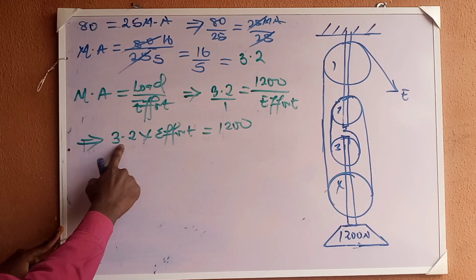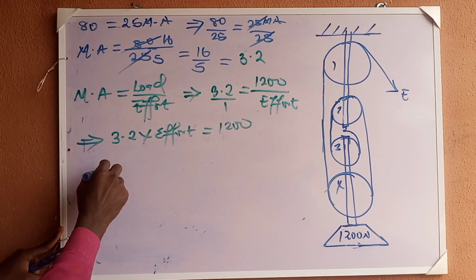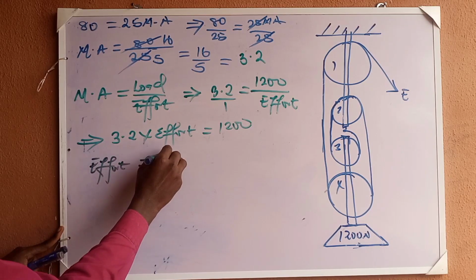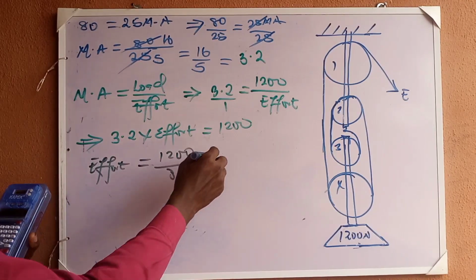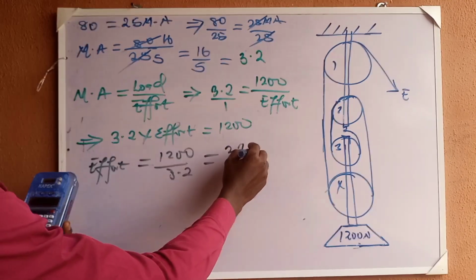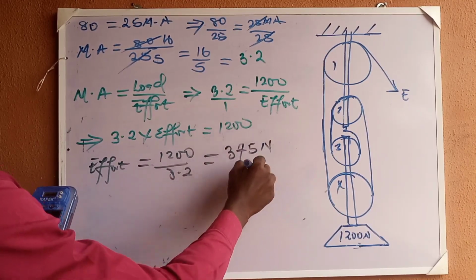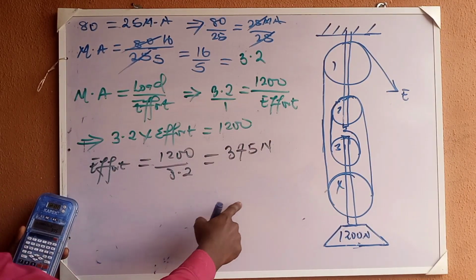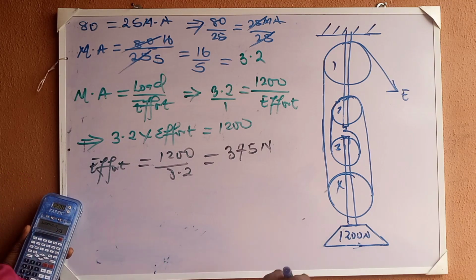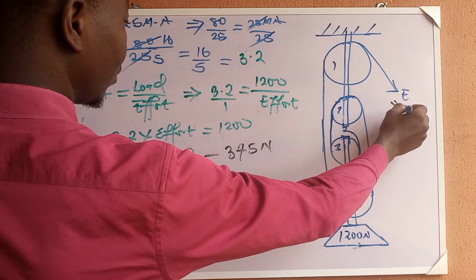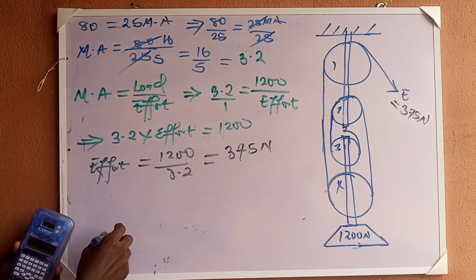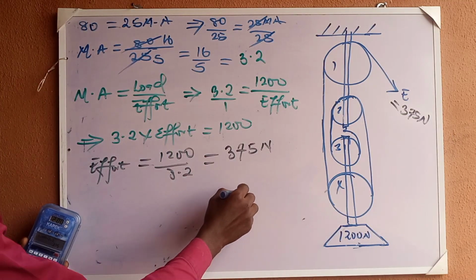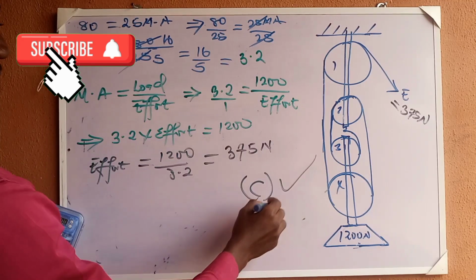So to get effort, I have to divide both sides by 3.2. That makes effort equal to 1,200 divided by 3.2, which is 375 Newton. So we need 375 Newton to raise this load. So our effort is 375 Newton. That is option C, meaning option C is correct.